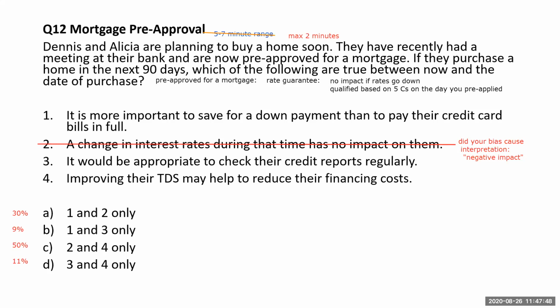So what you should do is do what Connor says here. So Connor said, I didn't like the wording because it didn't say negative impact. So it left a little bit of doubt in Connor's mind. But what you should say is, well, if the question meant negative impact, would it have said that?